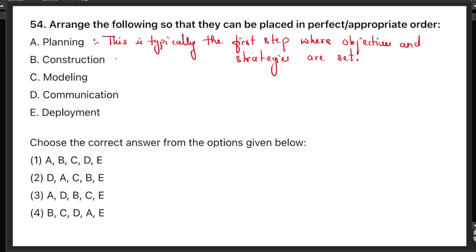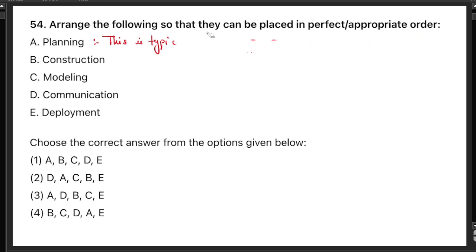So this is the first one. After that, construction comes after modeling, where the... okay, so I'll write the solution in the next line properly so that you can get this.